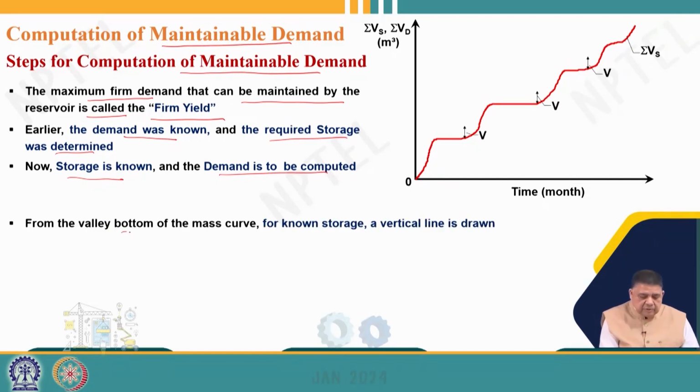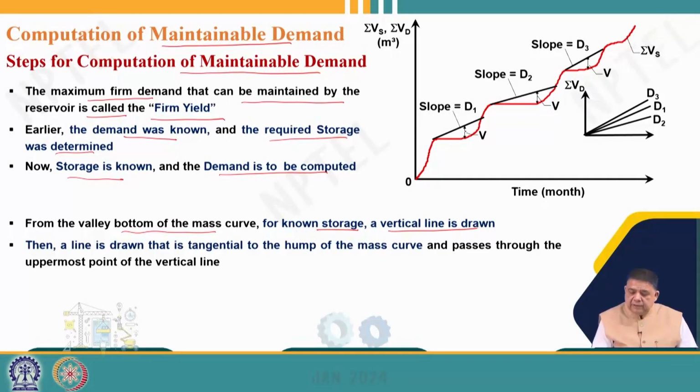From the valley bottom of the mass curve, for known storage we draw a vertical line, and corresponding to that storage value, we find the different demand slopes.